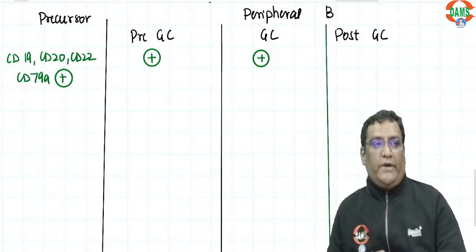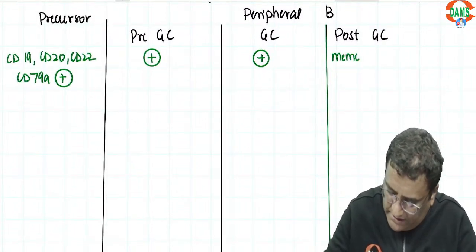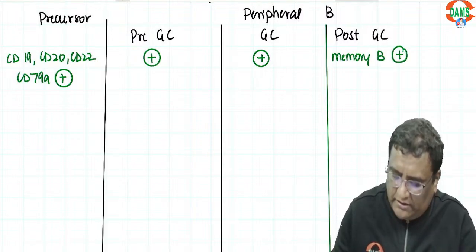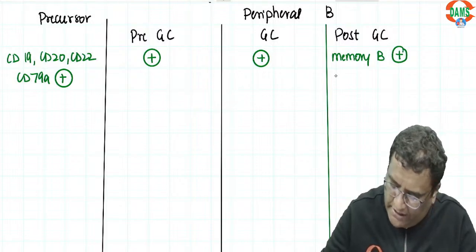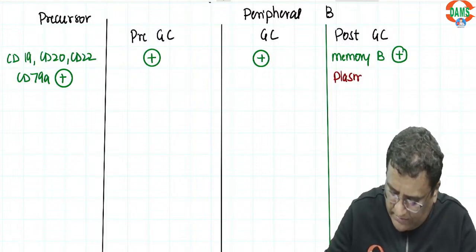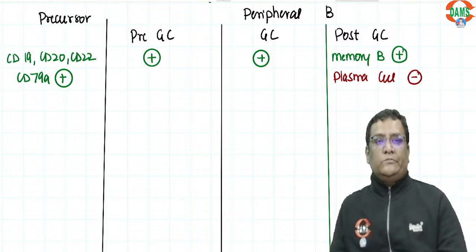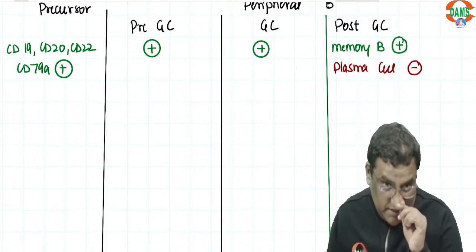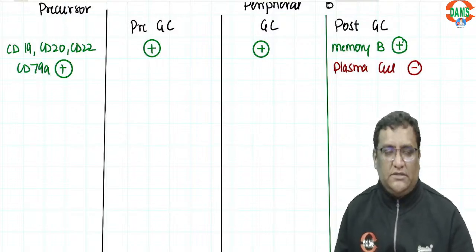What about post-germinal? In post-germinal, if you remember, there are memory B cells. Memory B cells will be positive for these markers. However, there is another set of markers in post-germinal. Anybody remembers? Plasma cells. Plasma cells will be negative for these markers. So in the post-germinal, memory B cells will be positive and plasma cells will be negative for these markers, right?